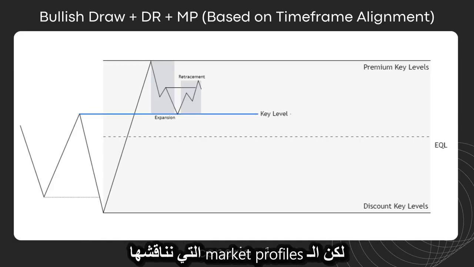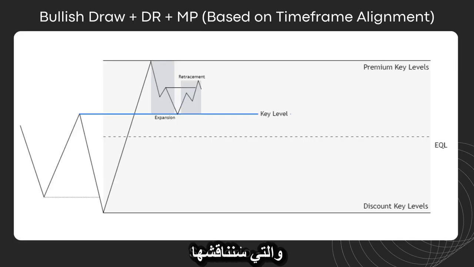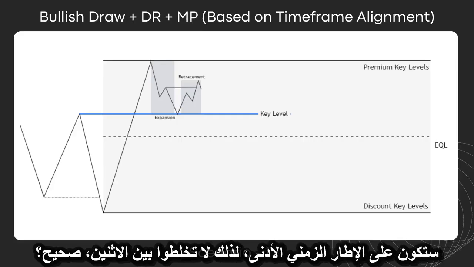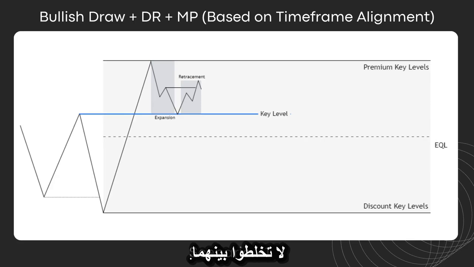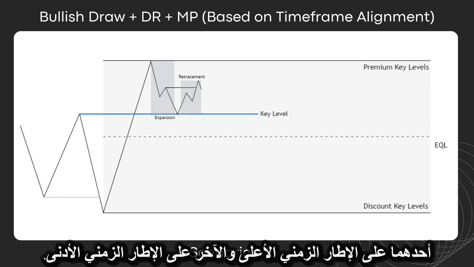But the market profiles that we will be discussing would be on the lower time frame. So don't confuse the two, right? Don't confuse both of them with each other. One is on the higher time frame and the other one is on the lower time frame.